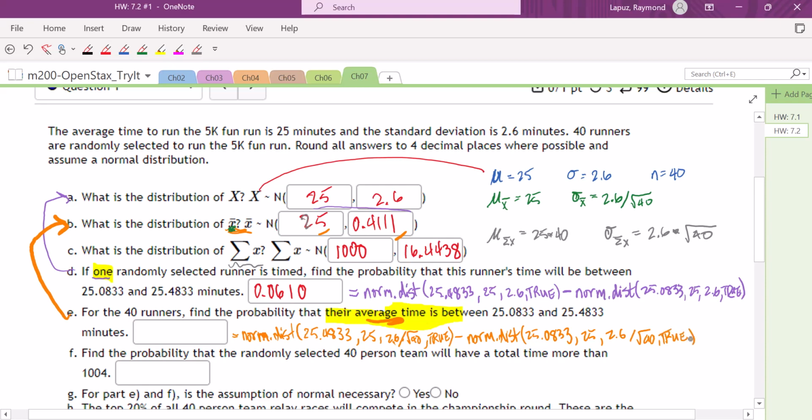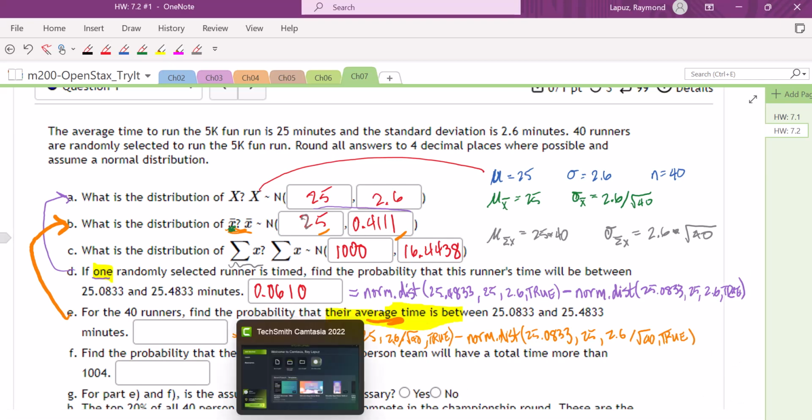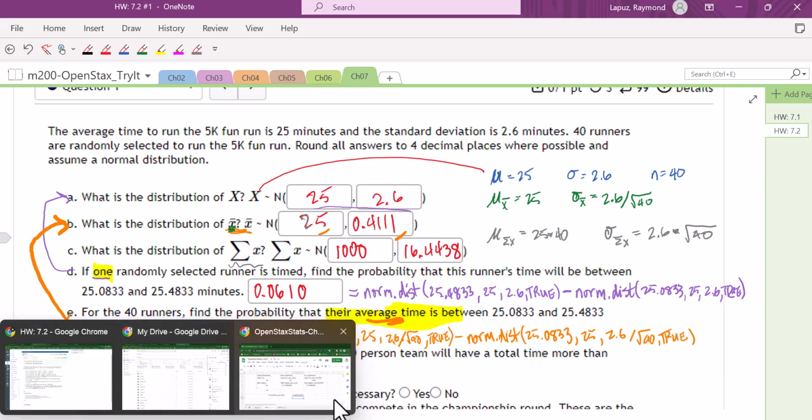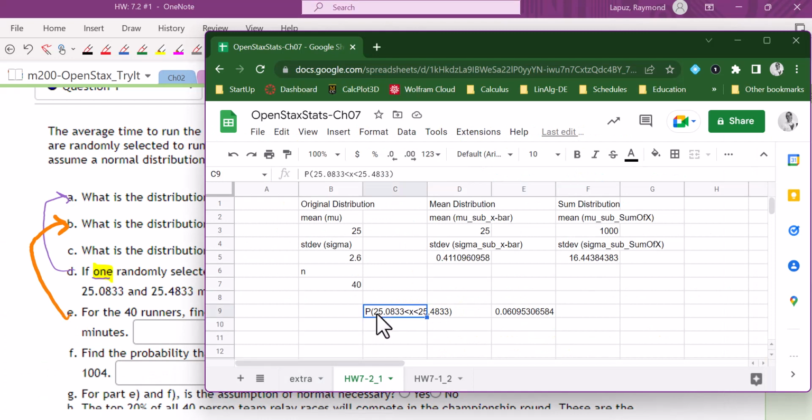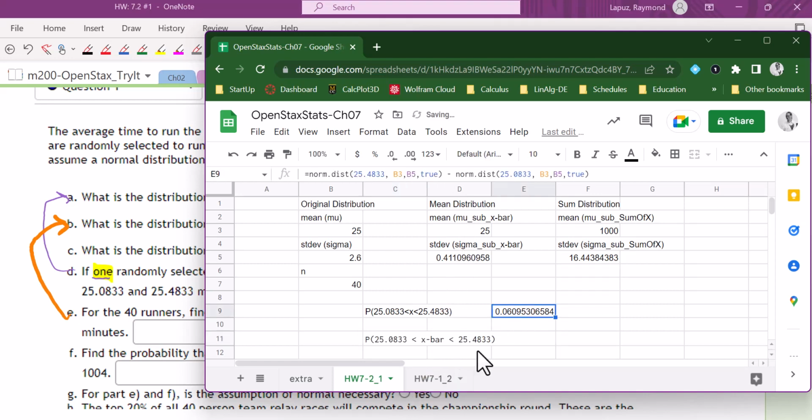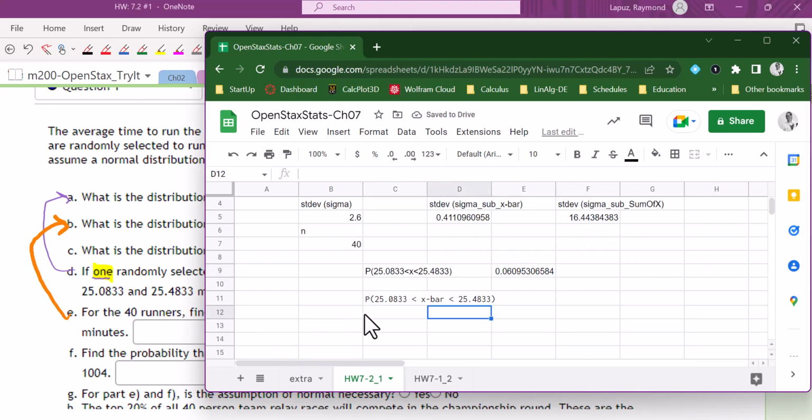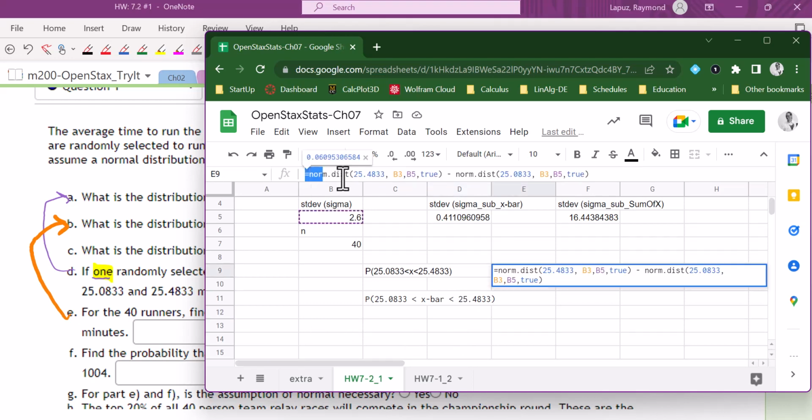Okay, so let's find that in our Google Sheets. And this time it's almost the same thing, so I'm going to copy these values here, but instead of x in the middle here, it's actually the mean, so it's actually x bar, and I can't do my fancy math typing here, so I'll just type in the whole x bar, and then I'll put the work over here, and the work over here is almost the same as this.